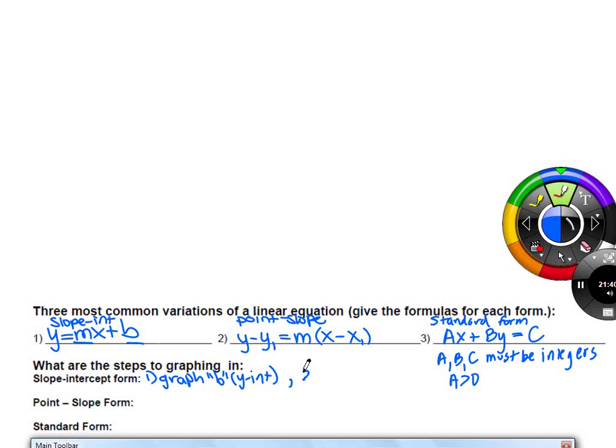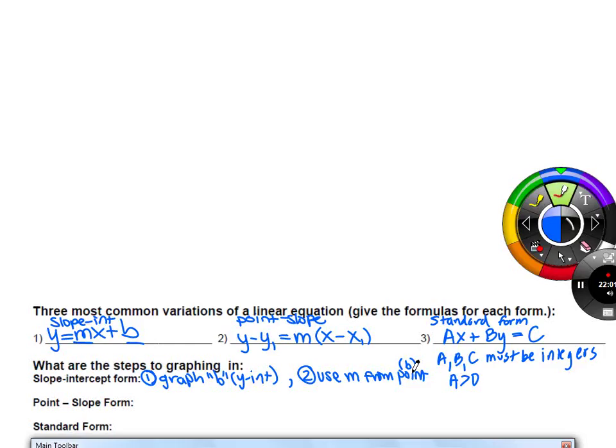And then second, what did you say about the slope? Follow the slope, okay. Use the slope from that point. Okay. So you plot your b, then you use the slope from there. You count it. Right?